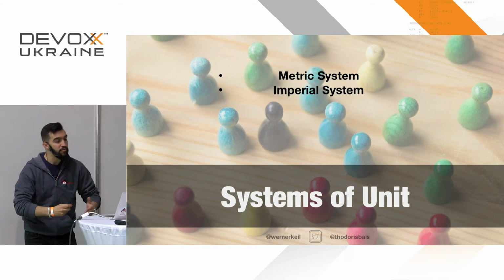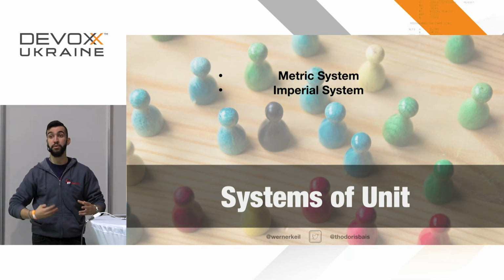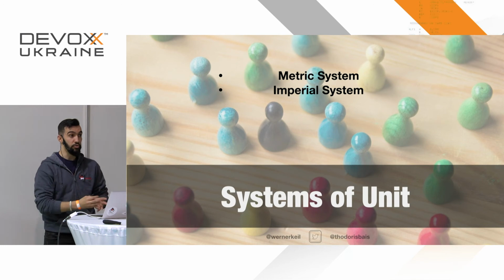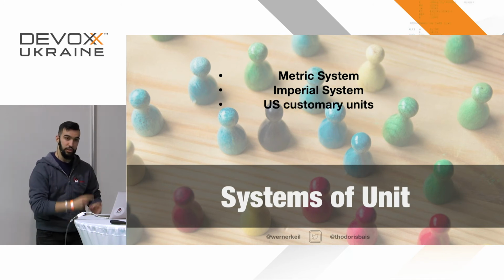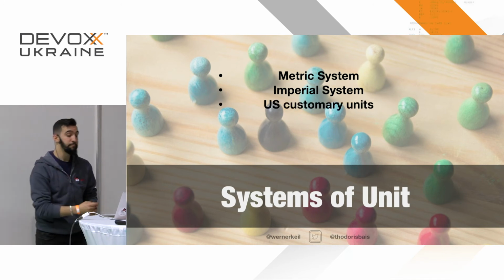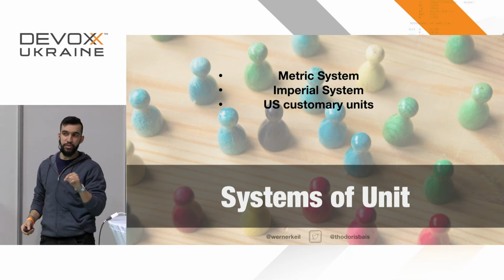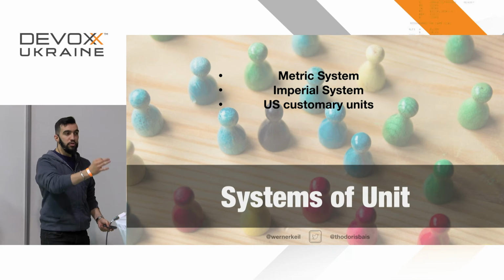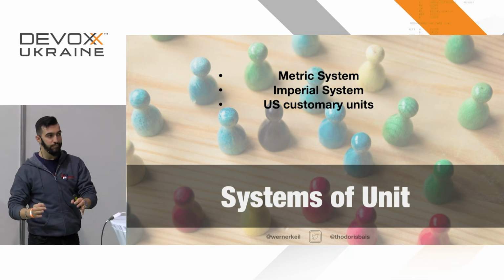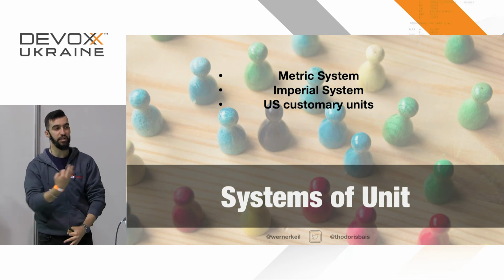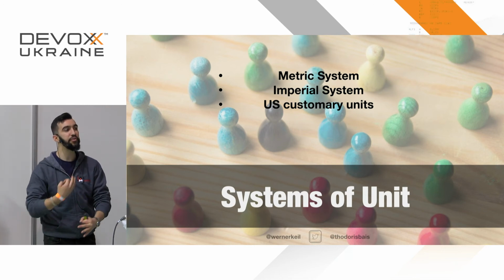Then we have the imperial units, derived by the English, with foot, ounce, pound, gallon, and so on and so forth. What else? US customary units, right? There is something more on the US customary units. Of course, US customary units are more or less the same, quite comparable, quite similar to the imperial system.